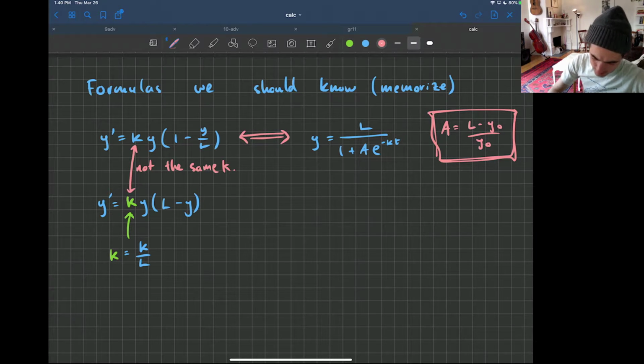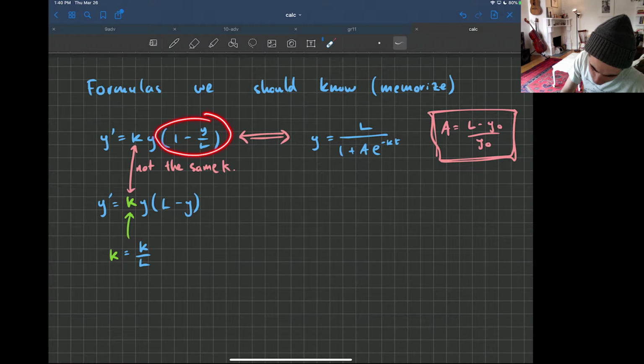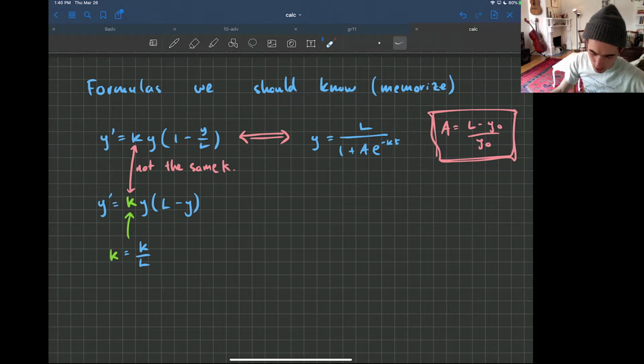You'll be able to notice the difference between these, because in this case we're going to have 1 minus y over something, and this one is going to be some big number, like our limit minus y. In which case you'll probably notice that our k here is going to be quite small. Usually k is very small. In most of the examples that we saw, k is like 0.01.